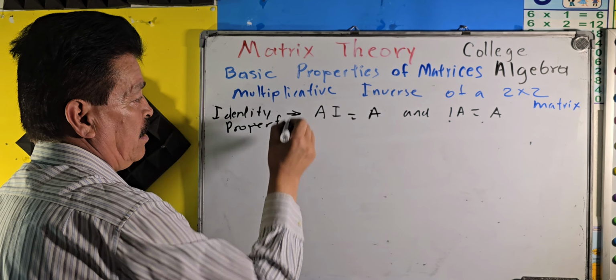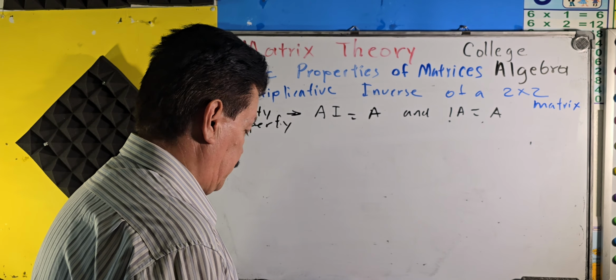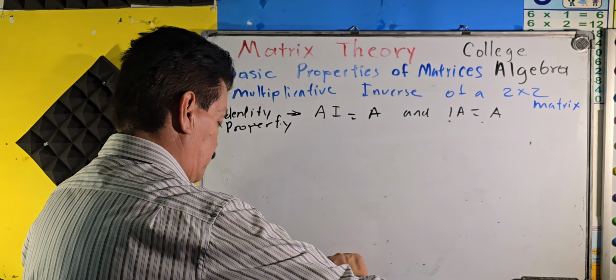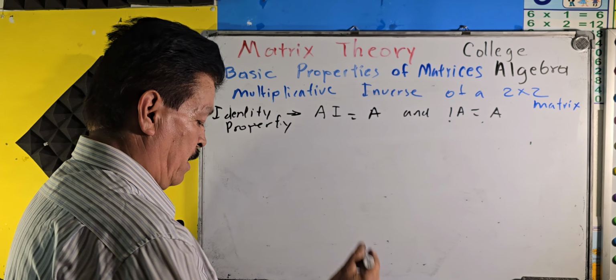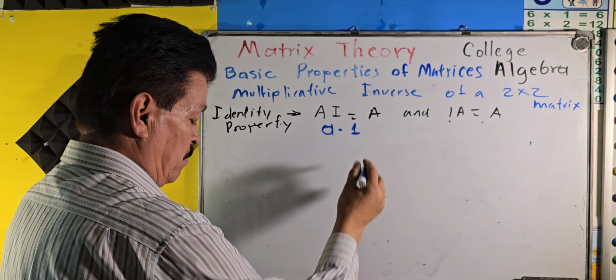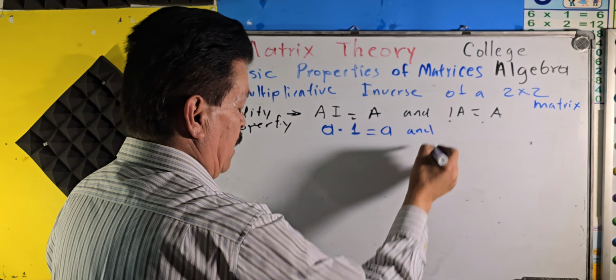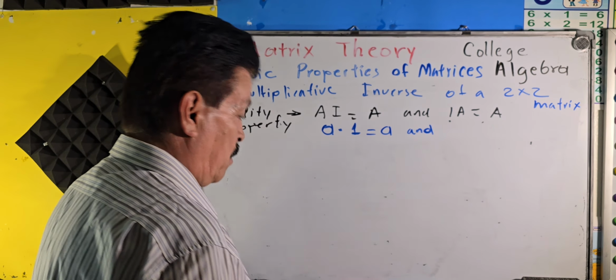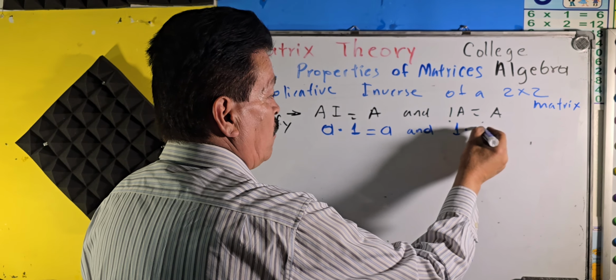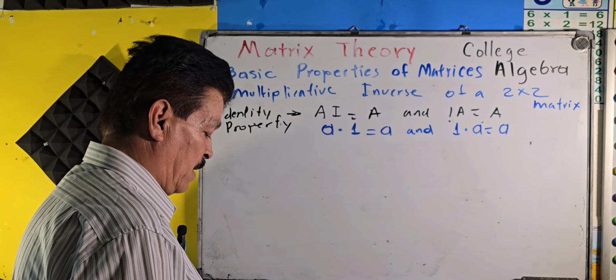Okay, identity property. So in other words, if we have a times 1 equals a, and also if we write 1 times a equals a, it is the same thing, right?